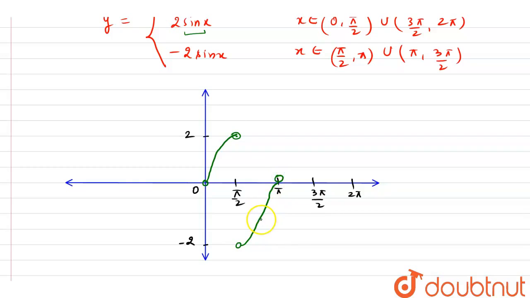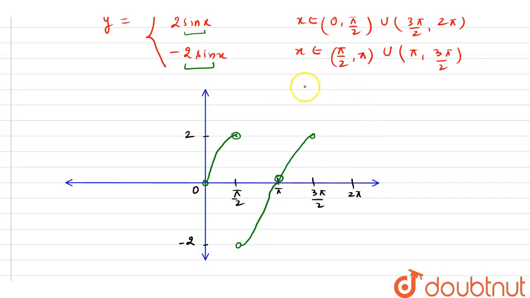Now from pi onwards, if you put pi, you will get 0. Now if you put 3 pi by 2, you will get plus 2, because there is a minus sign. For 3 pi by 2 I am going to use this function: sin 3 pi by 2 is minus 1, and minus minus will fetch you plus 2. So for this, my graph will be like this, right?